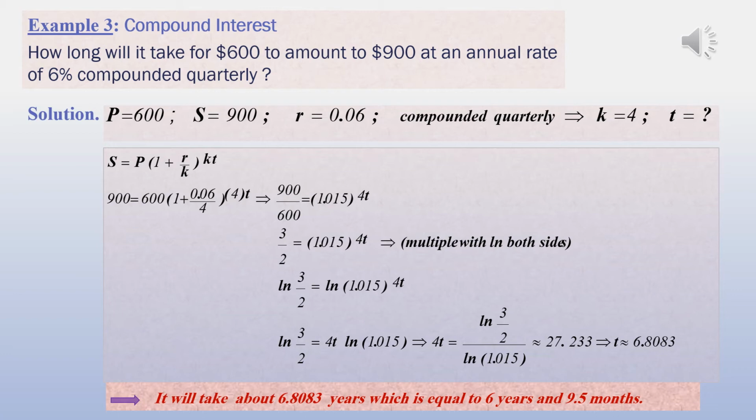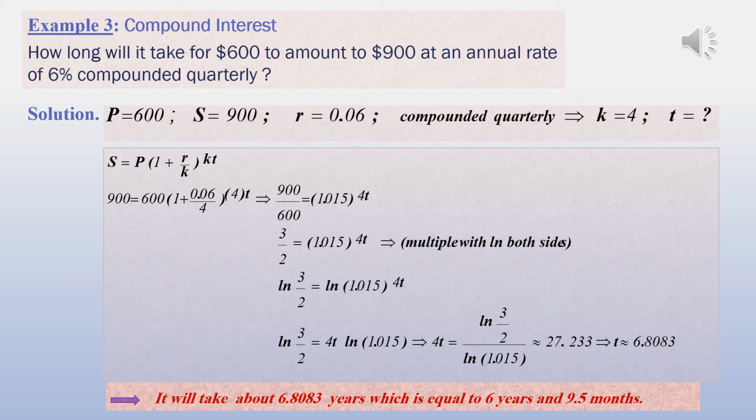From the problem, we get the information: P equal to 600, S equal to 900, R equal to 6%, which is 0.06, and K equal to 4 because it is compounded quarterly. The only variable that is missing here is T, and the question is how long will it take? It means what is T?